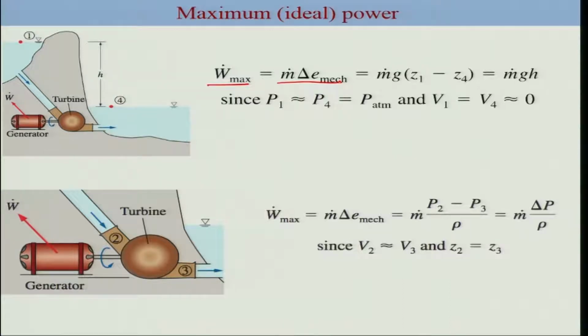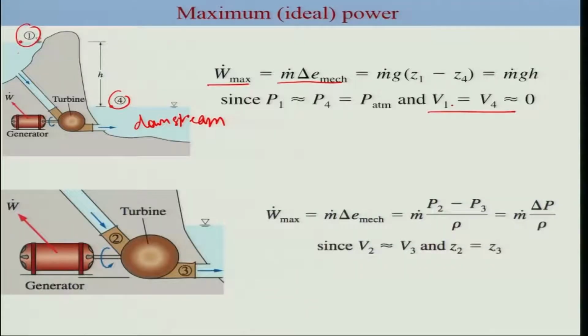Now there are two cases we are going to consider. One is here, where we are considering points 1 and 4, which are upstream and downstream. Okay, so the pressure here we are going to assume to be the same, since the elevation difference is not so much, it will be almost close to atmospheric pressure.